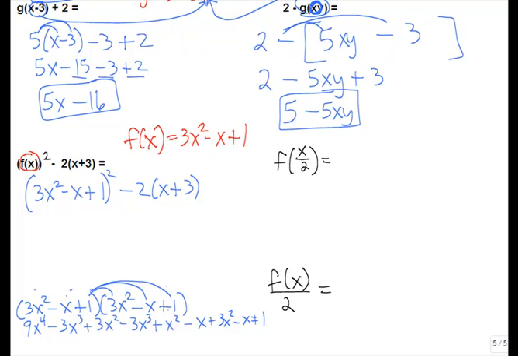Now if we combine our like terms here, we're going to have just that 9x to the 4th. And then we have a negative 3x cubed and another negative 3x cubed, so that's negative 6x cubed. Then we have a 3x squared plus an x squared plus a 3x squared.